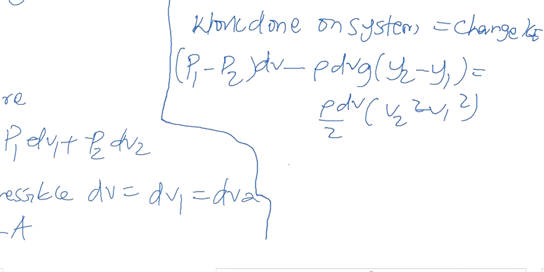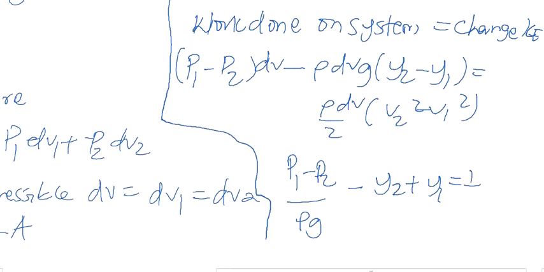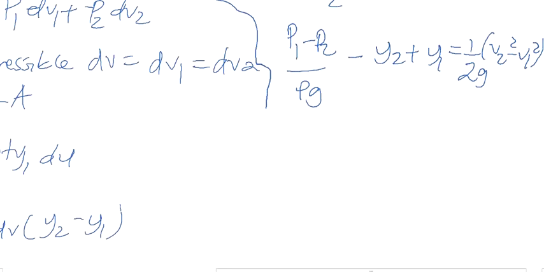Rearranging and dividing both sides by rho dV g will give (P1 minus P2) over rho g minus (y2 minus y1) is equal to a half over g times (V2 squared minus V1 squared).